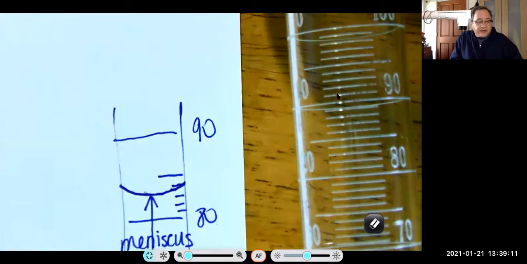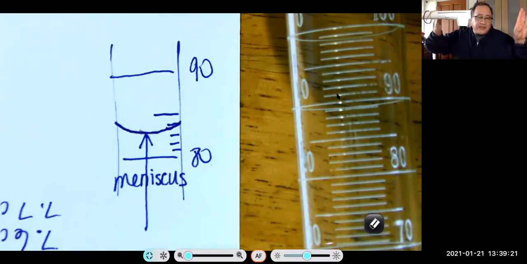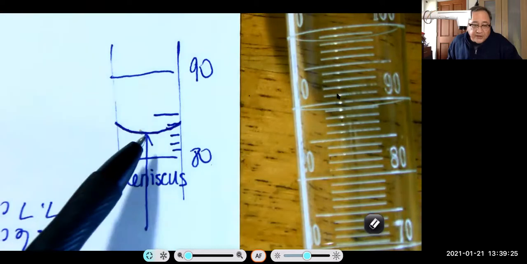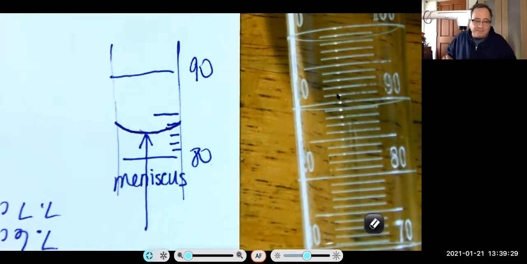And the reason there is a meniscus is because the water is actually attracted to the glass of the graduated cylinder. So it's kind of crawling up the sides of the graduated cylinder. In the middle of it, the water doesn't climb up.